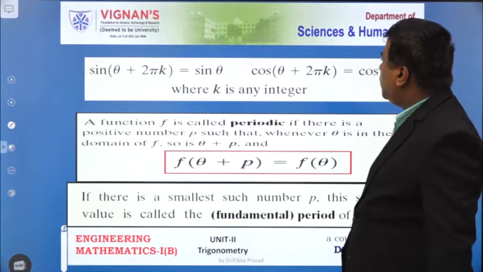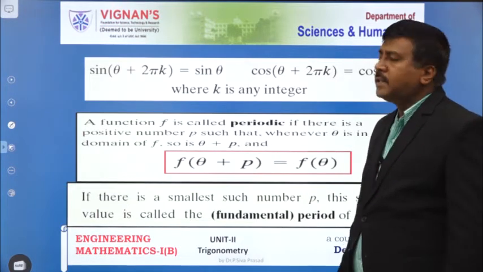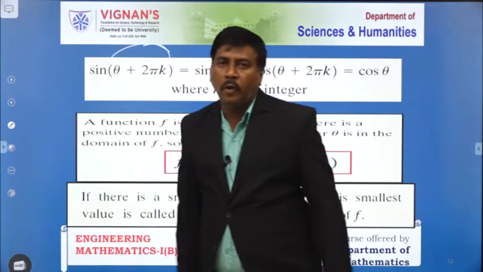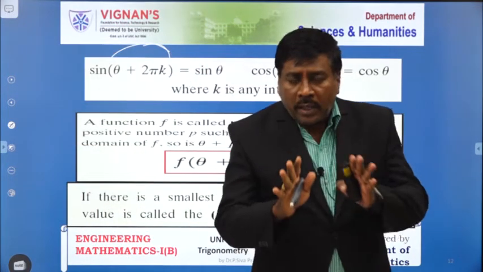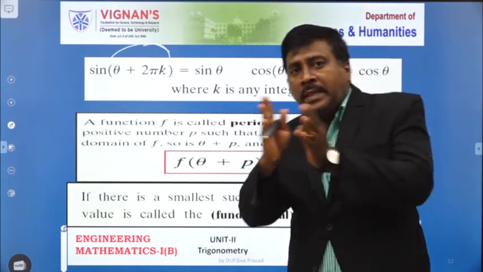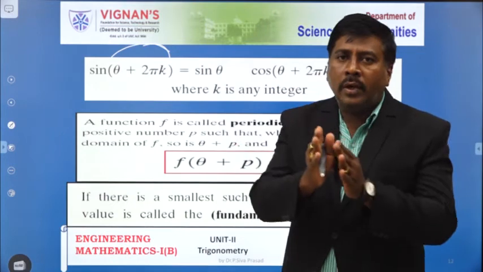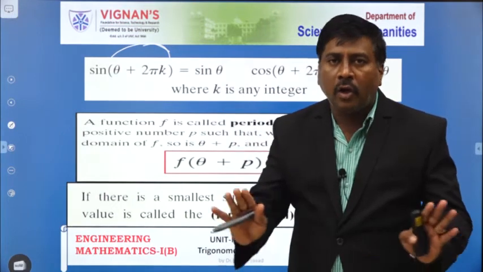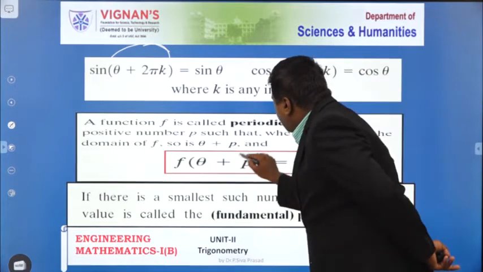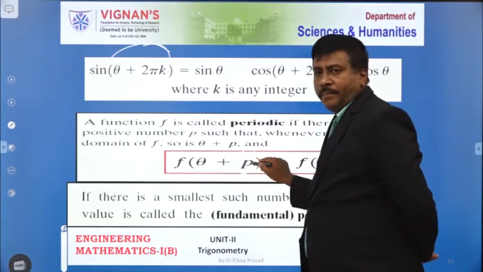So please all of you see this. This is sine of theta plus 2 pi k. This is called the amplitude. Please all of you keep in your mind. So for that angle, whatever number we add, we will get the same value. That added quantity is called the period of the given trigonometric ratio. That means here, this is f of theta plus p.